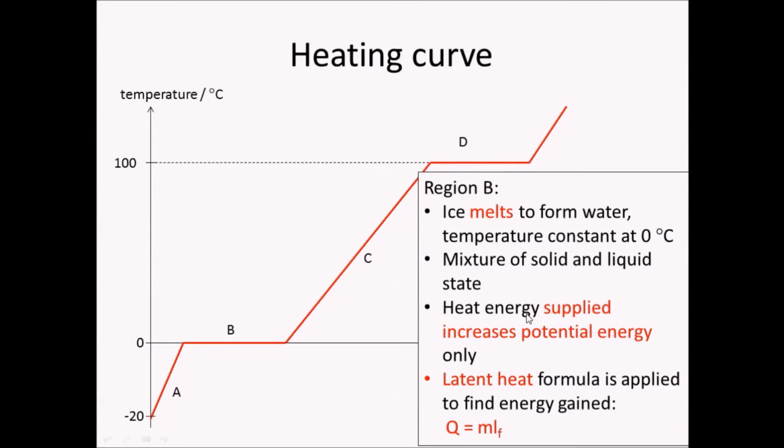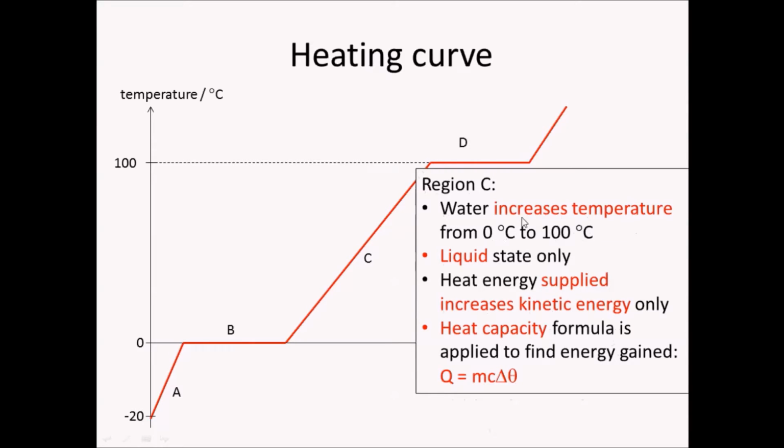Heat energy is supplied to increase the potential energy. See the difference? In A it is kinetic energy, in B it is potential energy. Next, the latent heat formula is applied to find the energy gain, which is Q = mL_F.